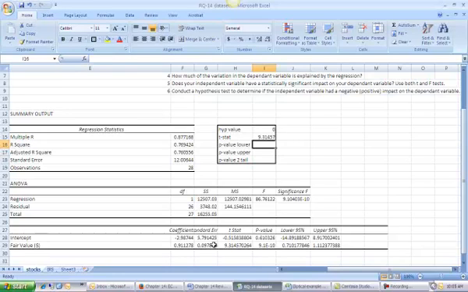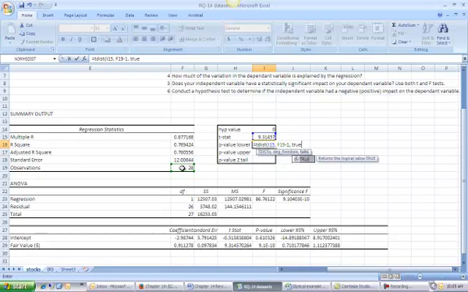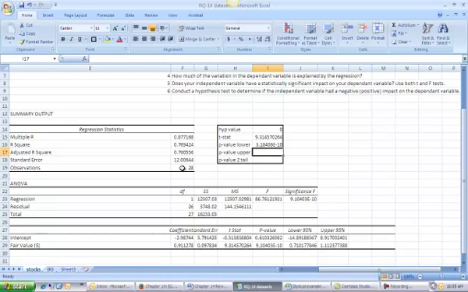Now I need to calculate the p-value. So T.DIST, where x is the t-statistic I calculated, degrees of freedom is n minus 1, and cumulative is true. That's going to give me my lower. 1 minus that gives me my upper, and 2 times the minimum of those gives me my 2-tail.